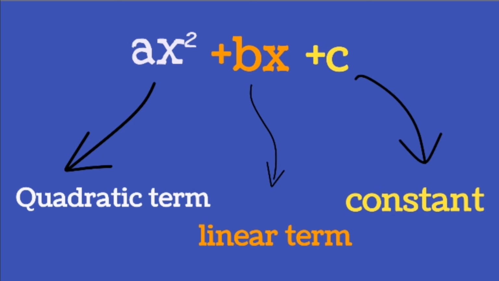And c is called constant term. So the general form of a quadratic equation contains three terms. First term is quadratic term, second term is linear term, and third term c will be constant.